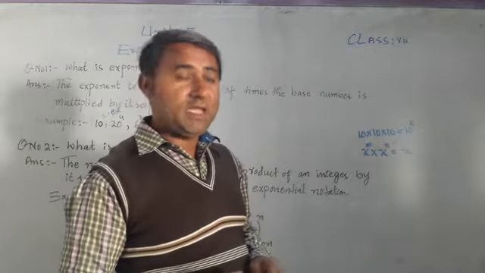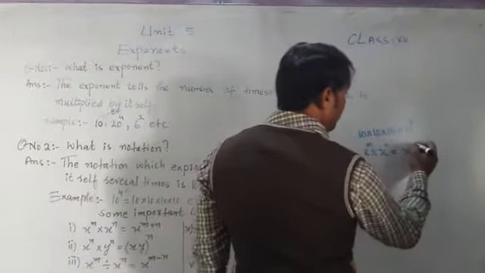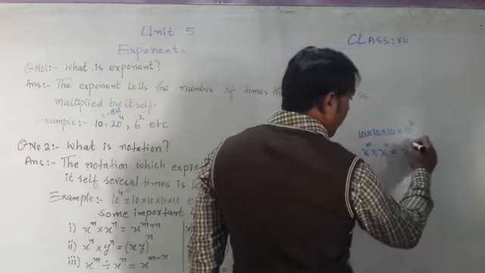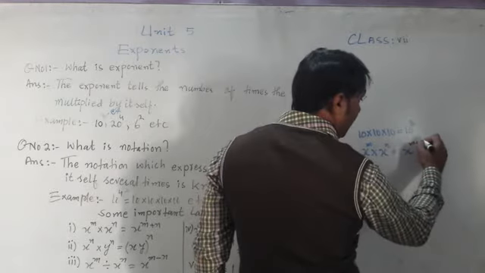We add the powers. In the multiplication condition, if the power is n here and n there, we put a plus sign.